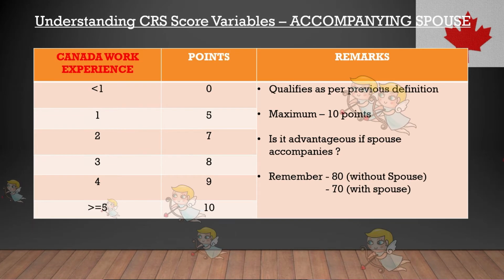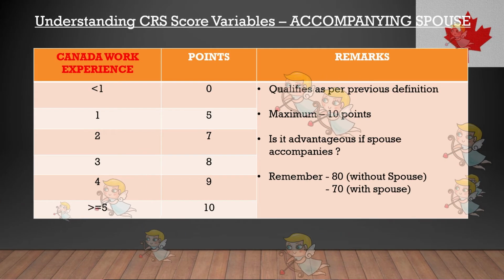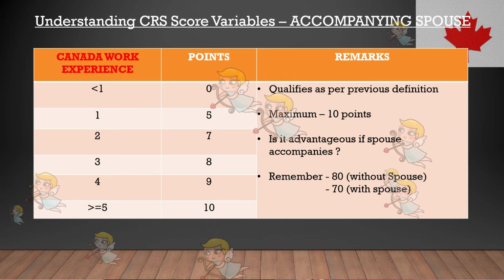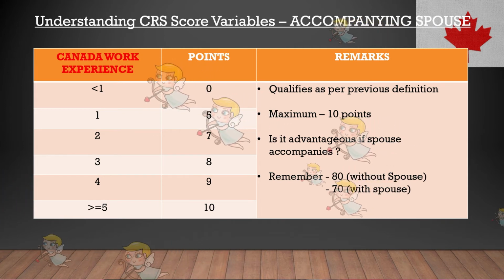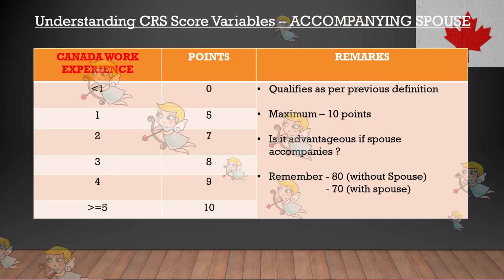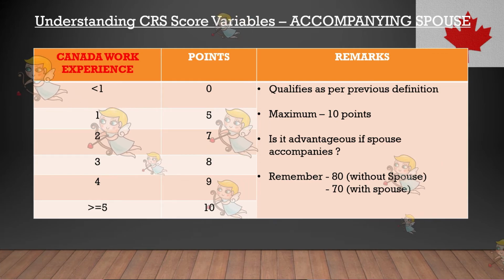In this case, the work experience of your spouse, only if it is Canadian, will contribute. If it is not Canadian, it will not. Here you need to pause and actually check your CRS score with spouse and without spouse based on each factor of education and experience, because it does make a difference.